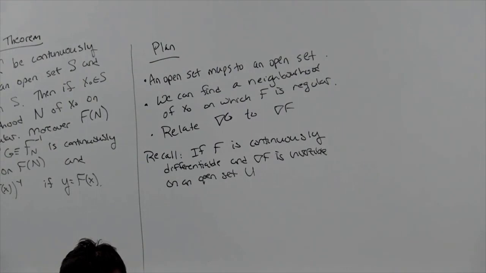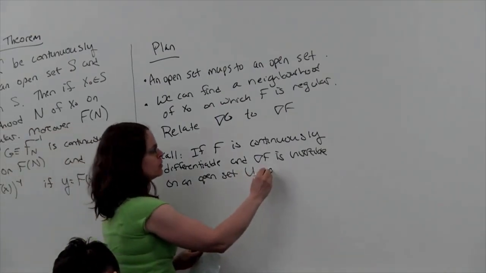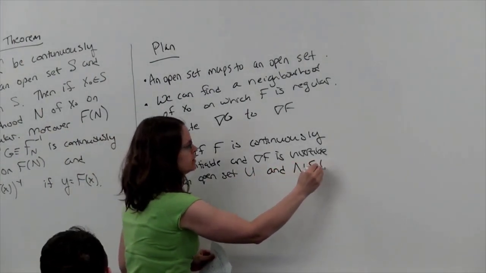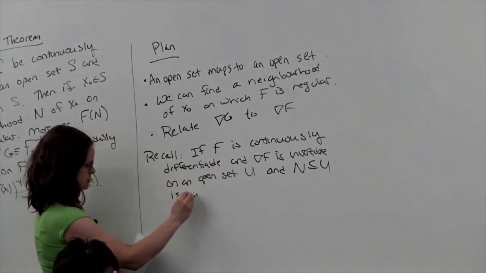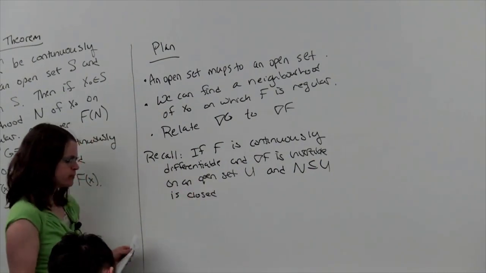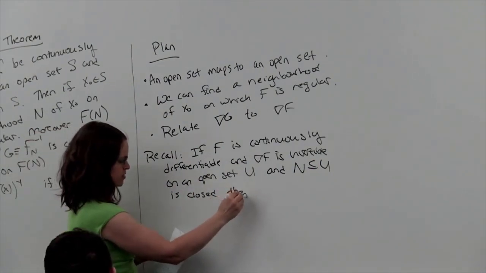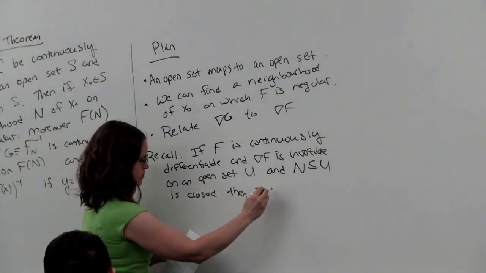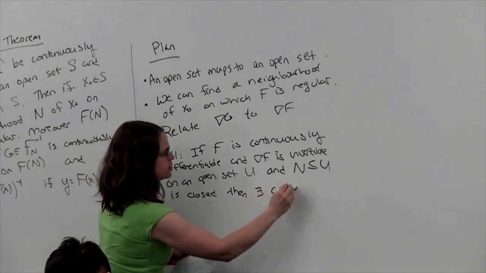And now we pick a compact set within this. Once we start trying to find hard bounds or maxima on things, you need to work on closed sets typically. So N is closed. Then we can find these constants, I'll call them C and M.